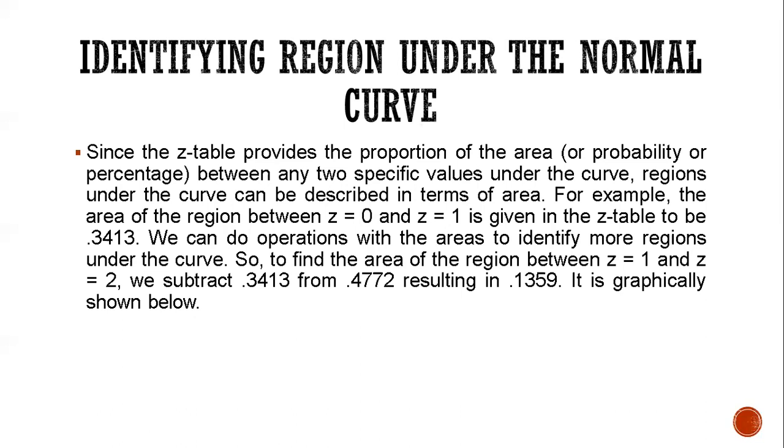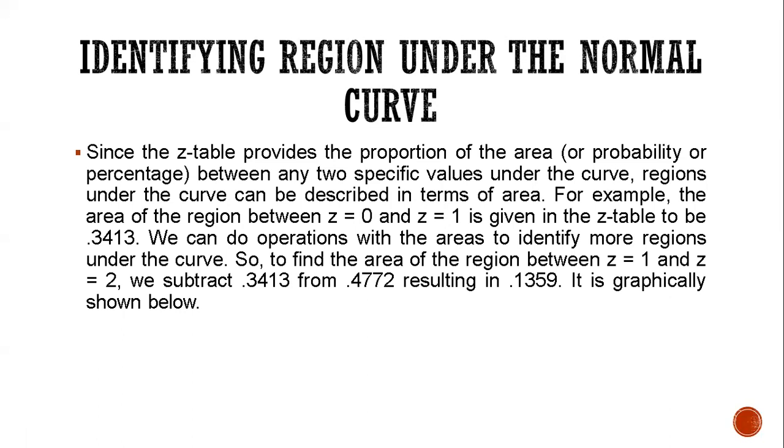So we can do operations with the areas to identify more regions under the curve. To find the area of the region between 1 and 2, we subtract 0.3413 from 0.4772, resulting in 0.1359. So ibig sabihin kung gusto naman natin alamin yung area ng from 1 to 2, kasi pag titingnan natin yung ating Z table, yung value ng 2 natin from 0 to 2 ay 0.4772.